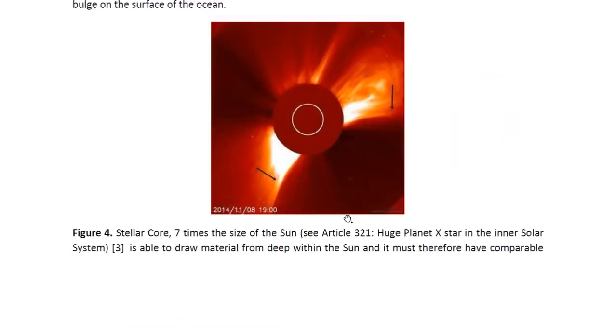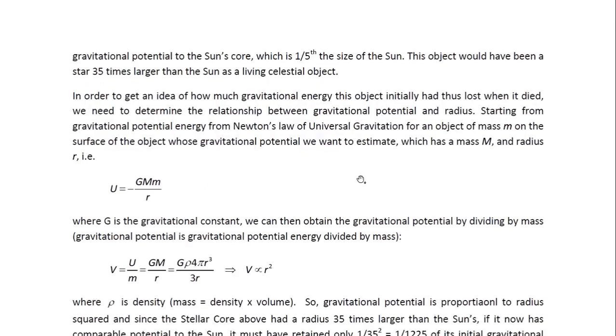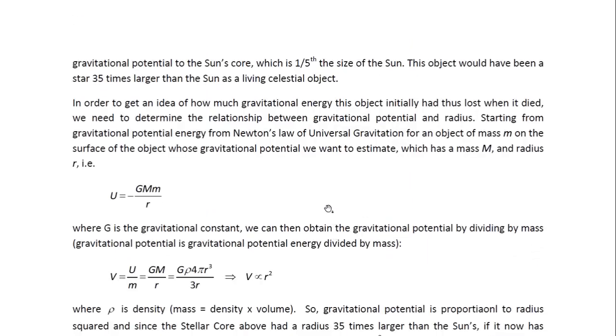And if that's the case, that means that this object was the core of a star that was once 35 times larger than the Sun. And that would mean that if it now has energy which is comparable to the Sun, we can calculate what its initial gravitational potential was, and therefore how much of it was lost when it died.